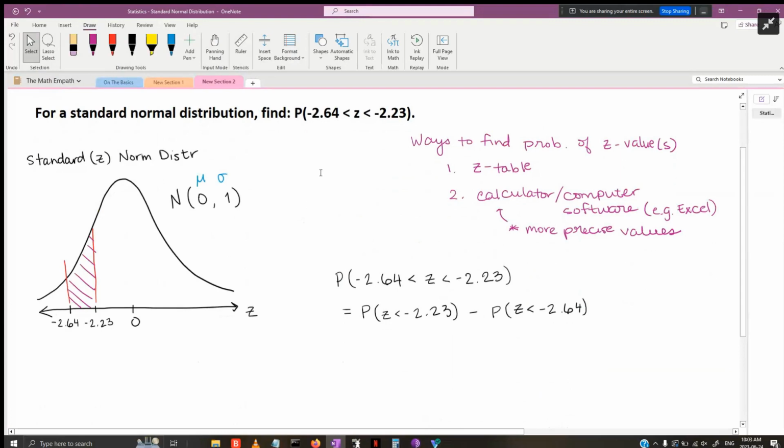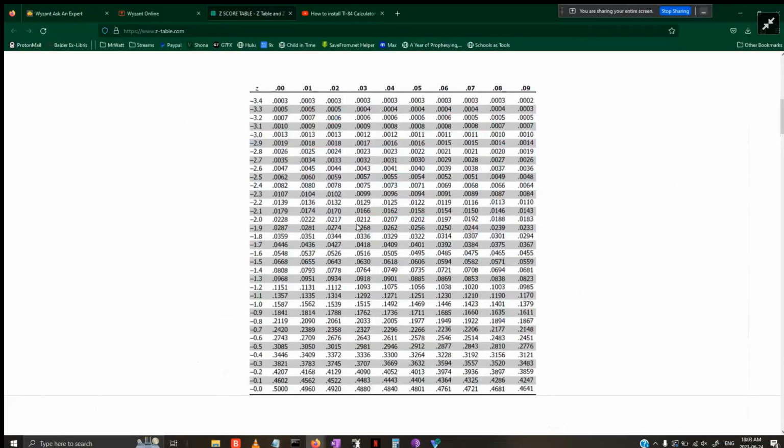Now, let's say we wanted to use the z-table. Well, for a problem like this, you have to break it down into its parts, because obviously the z-table is not set up to find by default areas between two numbers. It's actually set up by default to find an area up to a z-score. So what this means is all of these areas are to the left of a z-value.